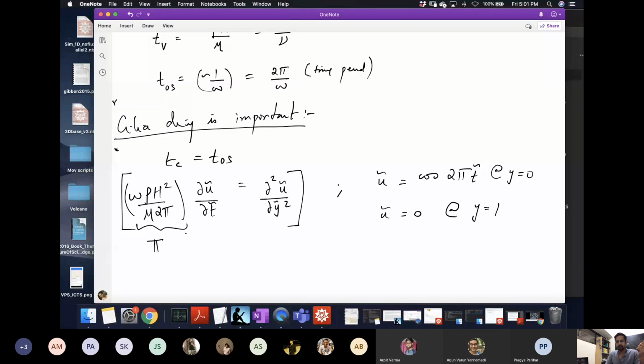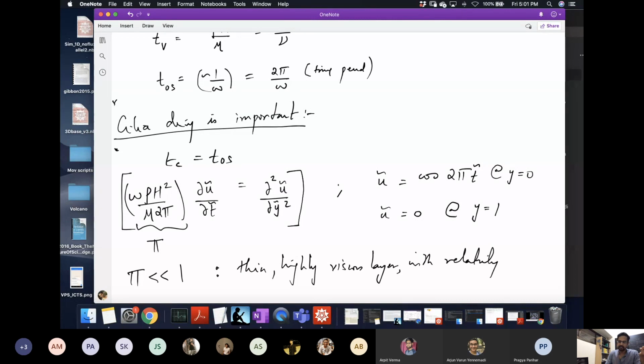However, now you can say what happens if pi is much, much less than 1, because you have this free parameter. If pi is much, much less than 1, this means basically a thin, highly viscous layer with relatively slow oscillations.